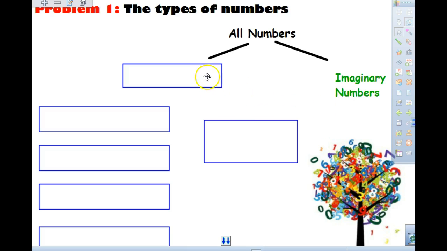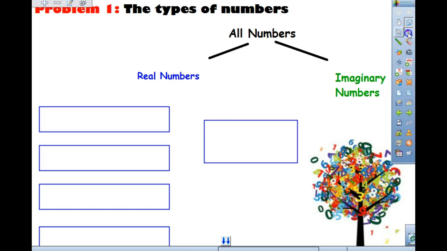So please write that down as imaginary numbers. The next one is going to be our real numbers. And under real numbers, we have two categories. One has a bunch of them under it, and one just has that one.